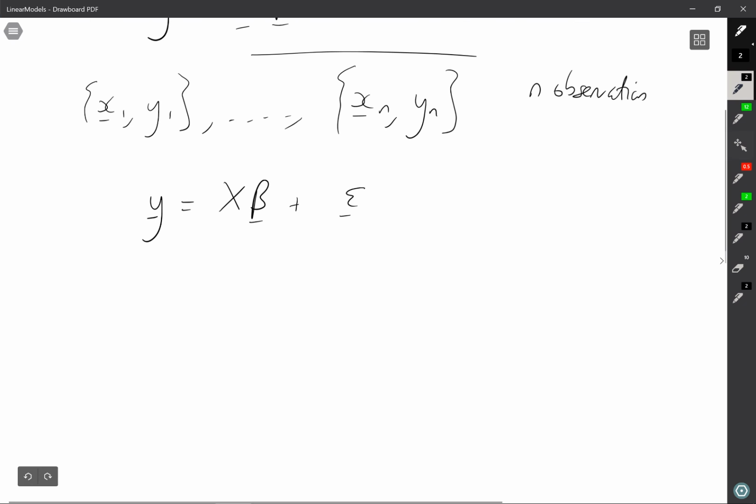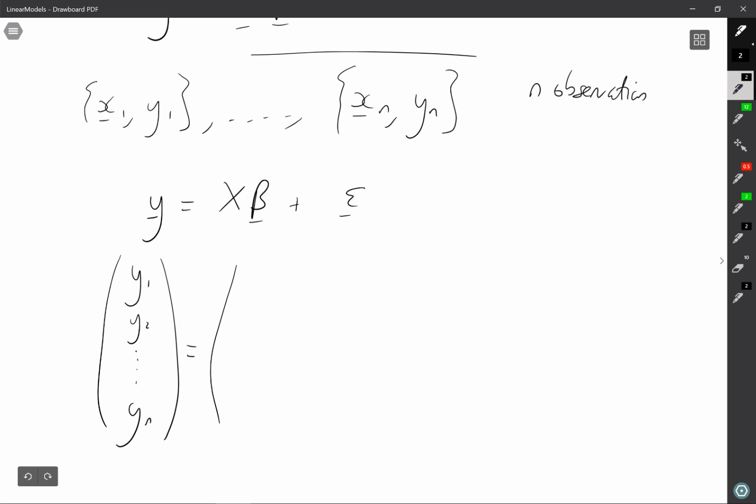And what we've done here is we've stacked all the y variables, all the responses, into a column vector, y1 down to yn. Then we've stacked the x's into what's often called a design matrix. So the first row is x1 transposed, the second row is x2 transposed, down to xn transposed.